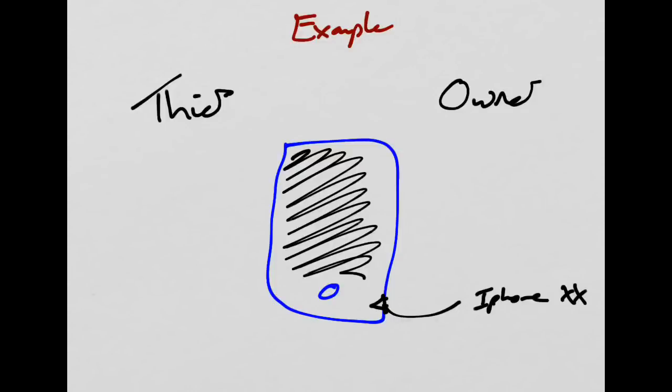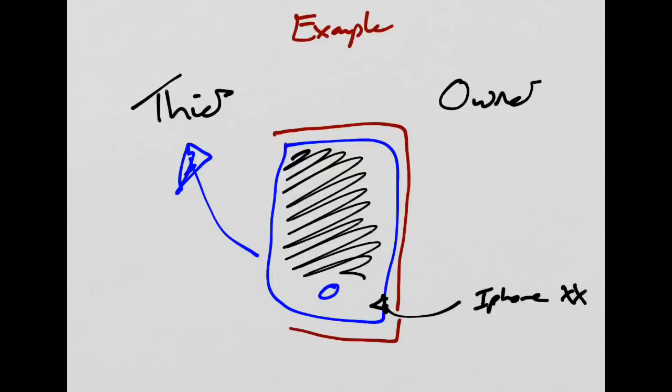A thief steals the iPhone from the owner. Right, and the thief gets away with this. Unfortunately for the thief, this iPhone is put into a very nice lurid red case. You don't see many of these around, and it's quite bulky.